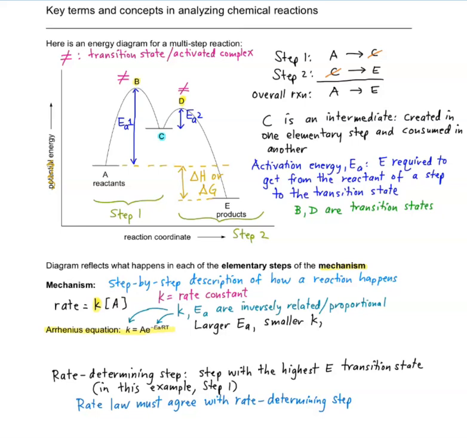If the rate constant is smaller, the rate will be slower. So a smaller rate constant, k, corresponds to a slower rate of reaction, or a slower rate for that step. By contrast, a step with a smaller activation energy, so a smaller barrier, a smaller hill to climb, is going to have a larger rate constant and thus corresponds to a faster rate.